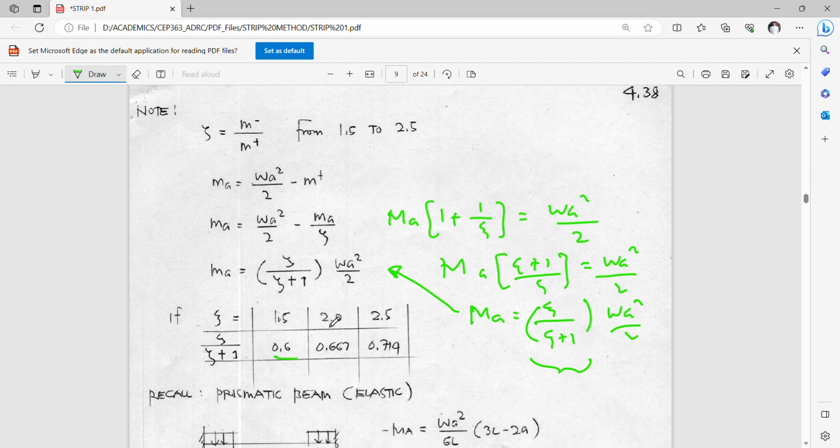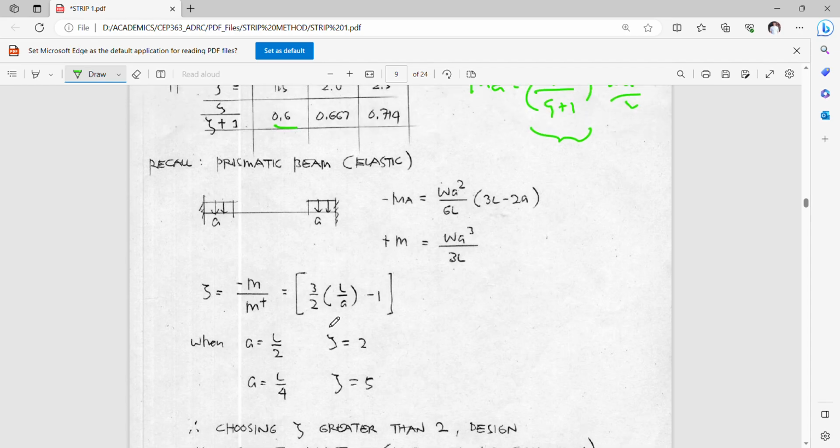So we recall the prismatic fixed-end elastic moments for a partially loaded fixed end is given by this formula, where the negative moment is given by the relation with the square root of 6L, 3L minus 2A, and the positive moment is this, and so this is based on elastic principle. Okay, so if I make use of these two here and solve in terms of M negative all over M positive, I'm assuming the value of A equals L over 2 and L over 4.